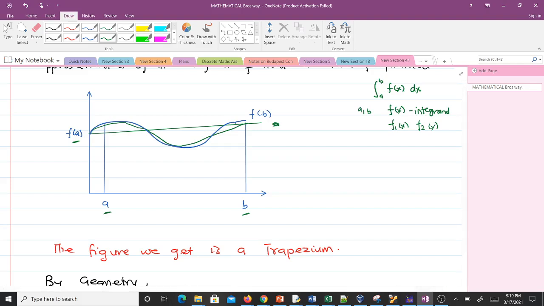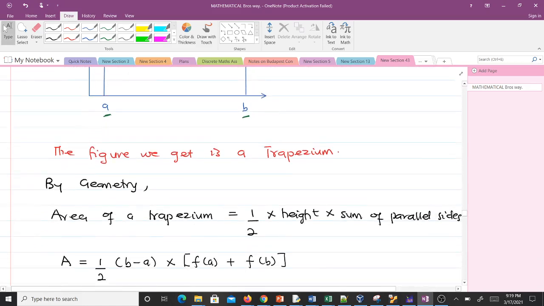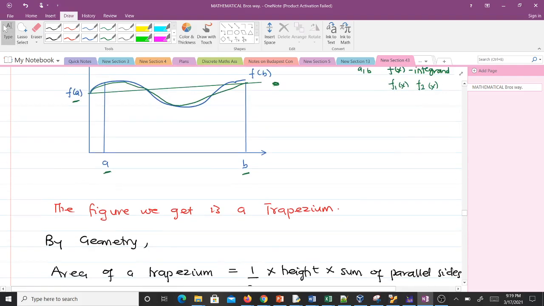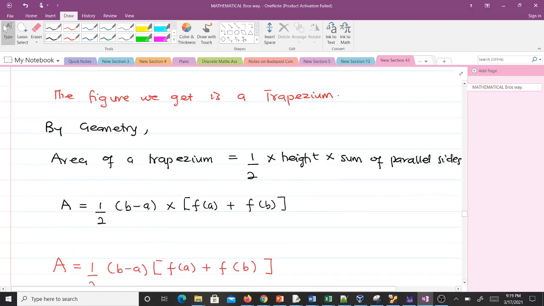By geometry we know that the area of a trapezium is given by half times height times the sum of the parallel sides. Looking at this diagram, our height is b minus a, and our parallel sides are f of a and f of b. So this will be our height, and this will be the sum of the parallel sides.